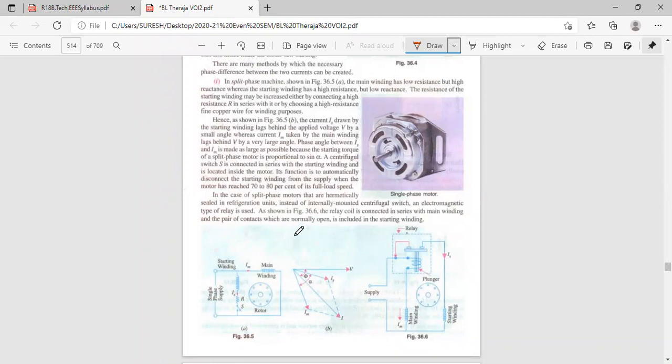In inductance, current lags the voltage. Write down the next point: in capacitance, is current leading or lagging? Leading. Current will lead the voltage. If you understand this point, nothing is there in the phasor diagram. In heavy inductance, current lags the voltage, but in capacitance, current leads the voltage.